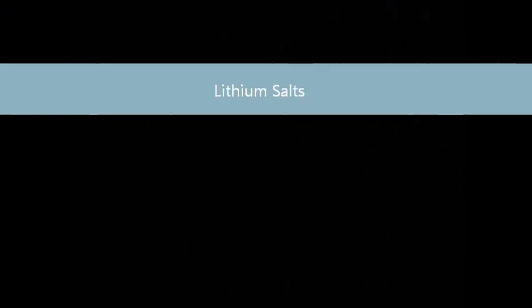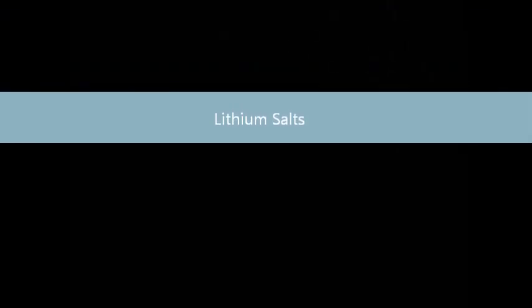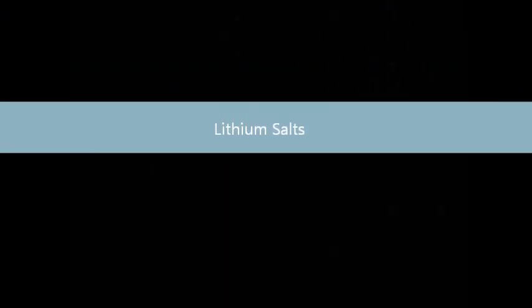Lithium salts. Lithium is one that we are very, very well aware of, and we know that it's used to treat bipolar depression and mania. Let's see, what do I want to say about lithium?